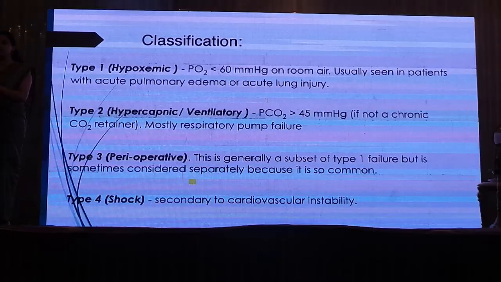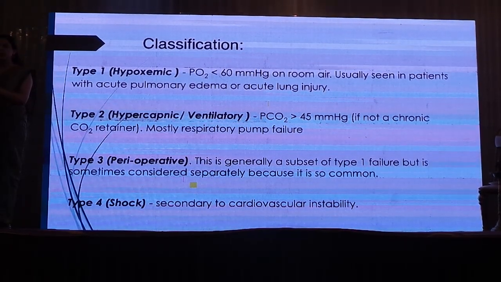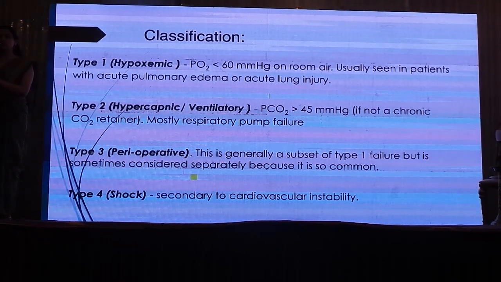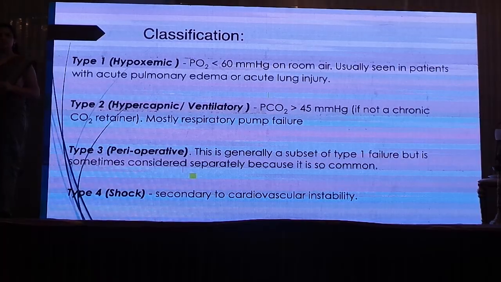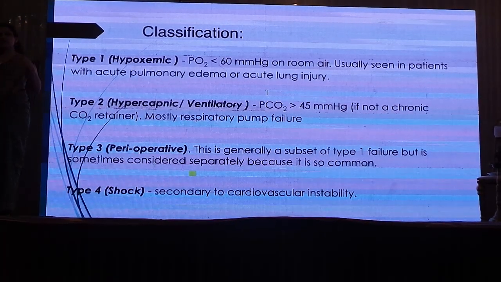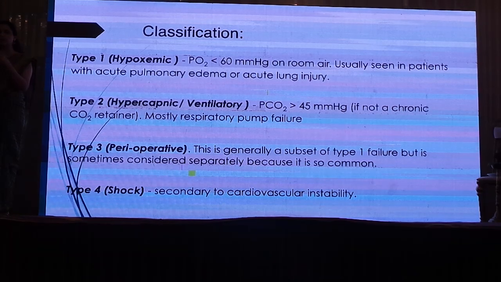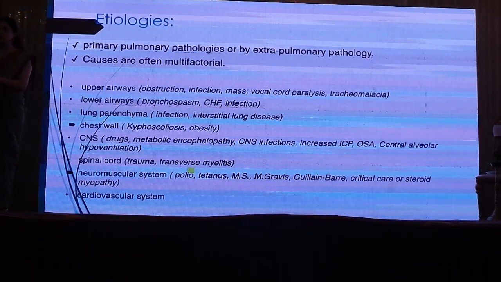Type 3 is generally perioperative, which is a subset of type 1 only. However, it may proceed to become type 2 also. And type 4 is because of shock, which is secondary to cardiovascular instability. So out of these, first and second are the most common. However, we do meet a lot of patients of type 3 and 4 in our ICUs. So we must know and recognize them as well.